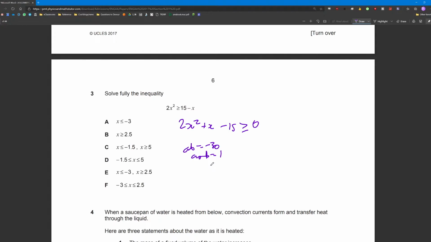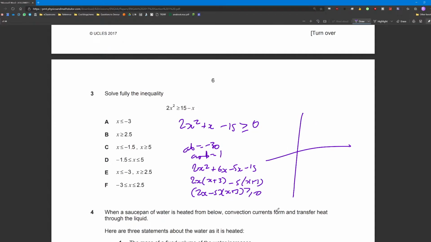If it's a positive 1, then it must be plus 6 and minus 5. So you get 2x squared plus 6x minus 5x minus 15. And then you immediately see that this is 2x, x plus 3, and minus 5, x plus 3. You don't even need to write the rest of it. Once you realize that it's 2x and 5 here, you can just go straight into writing 2x minus 5, x plus 3 is greater than or equal to 0.